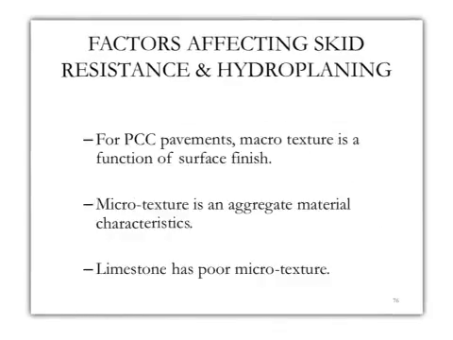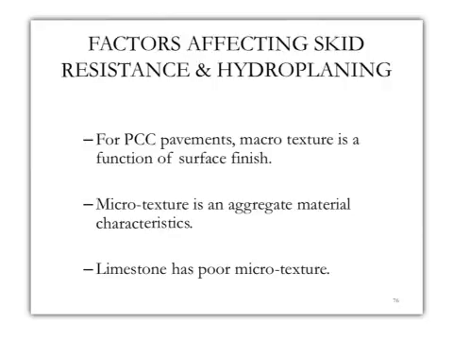When it comes to Portland cement concrete pavements, typically we will concentrate as pavement engineers on the macro texture, which is a function of the surface finish and how we're finishing the PCC surface. Also, the micro texture is an aggregate material characteristic. How can I change the aggregates that I use, or the aggregate source, to give me a rougher surface that's going to have enough skid resistance?